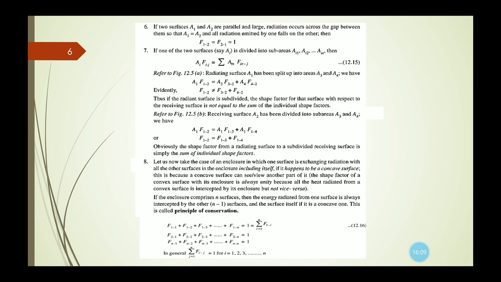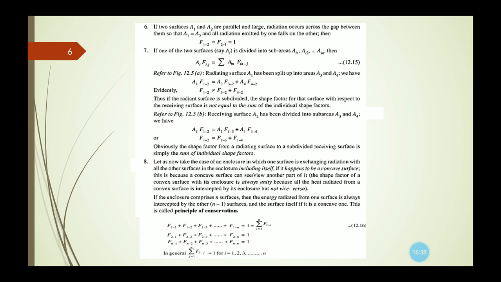This we can obviously visualize from our general concept of concave and convex surfaces. So if the enclosure comprises n surfaces, then the energy radiated from one surface is always intercepted by the other n minus 1 surfaces, and the surface itself if it is a concave one. This principle and concept is known as the principle of conservation.